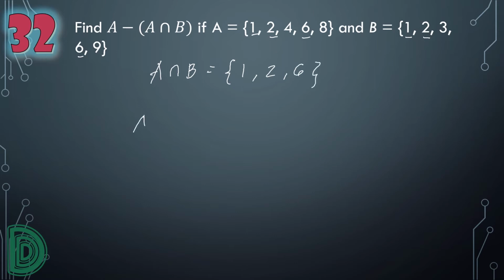Therefore, the set A minus A intersection B will be the set with elements 4 and 8.